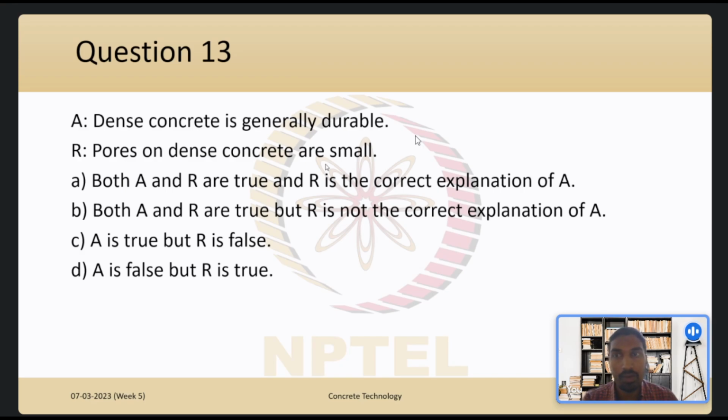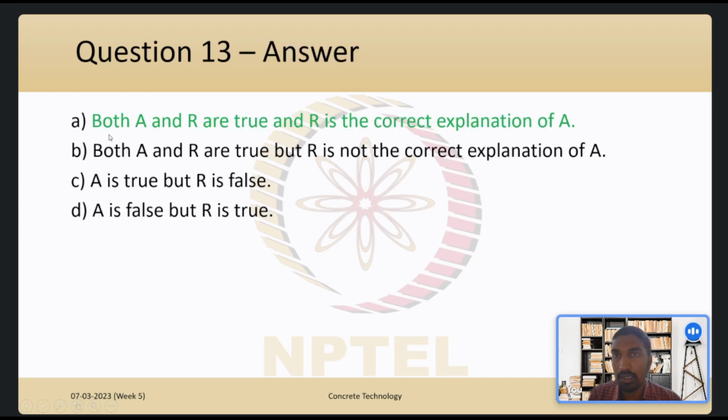So when you have lesser porosity, your permeability will also be lower, and that will increase your durability, right? So therefore R is a correct explanation for A. So the right option is option A. Both A and R are true, and R is the correct explanation of A.